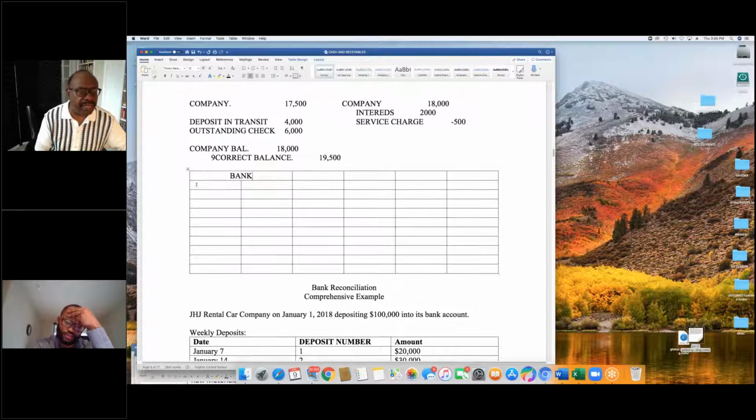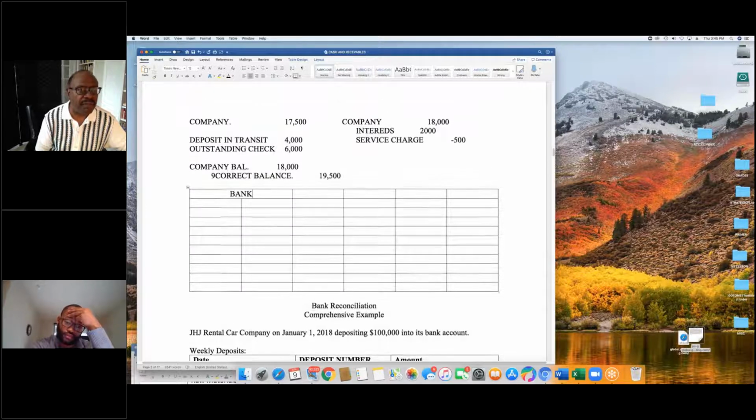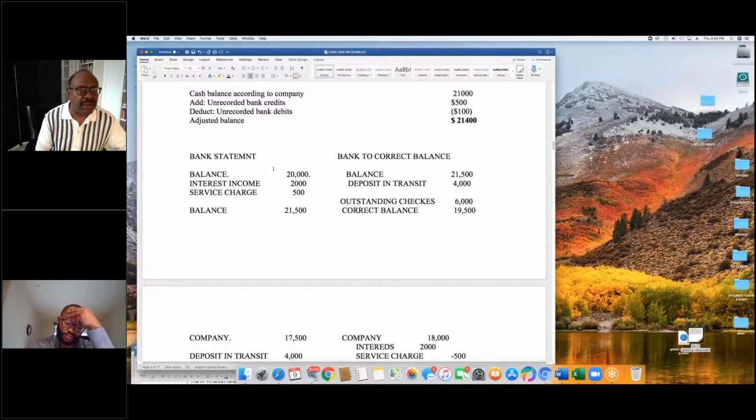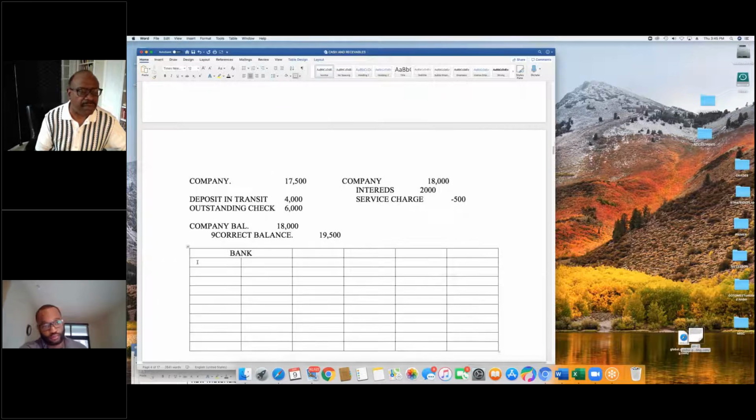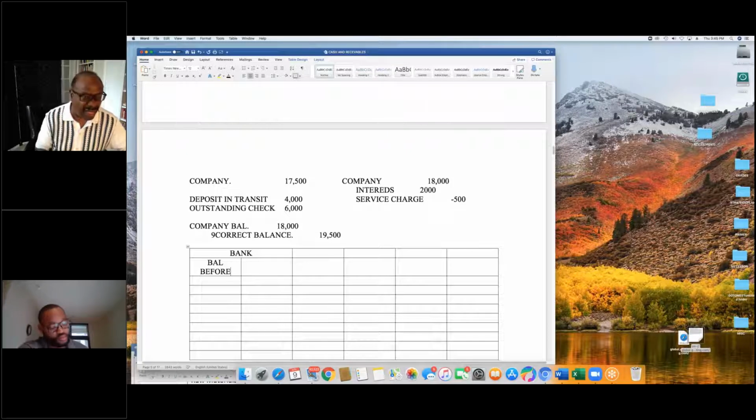And the bank says that its balance that it originally had was 20,000. So the balance before adjustments was 20,000.